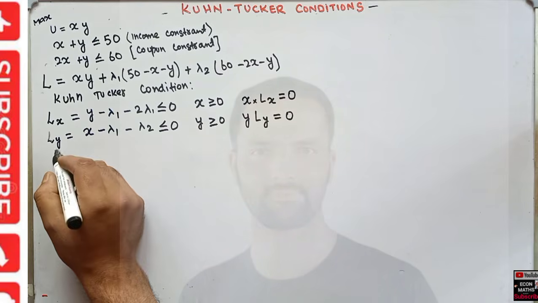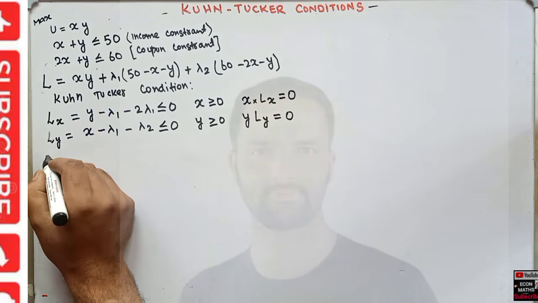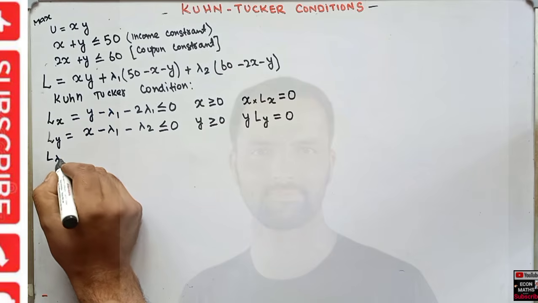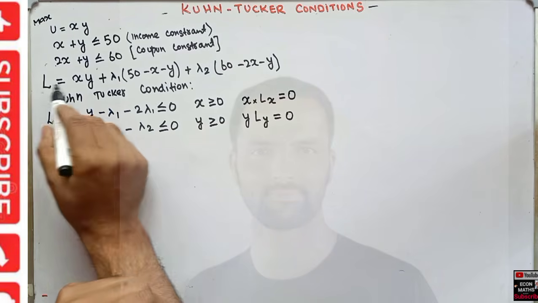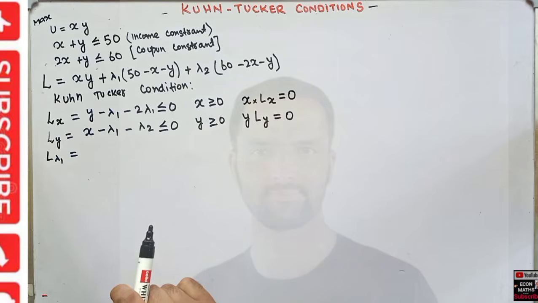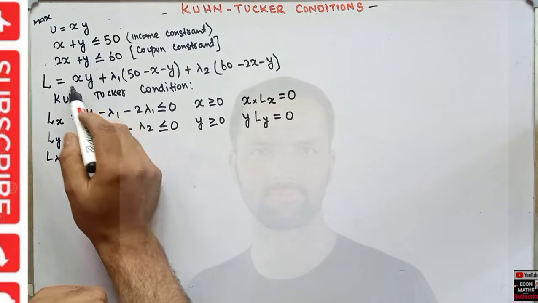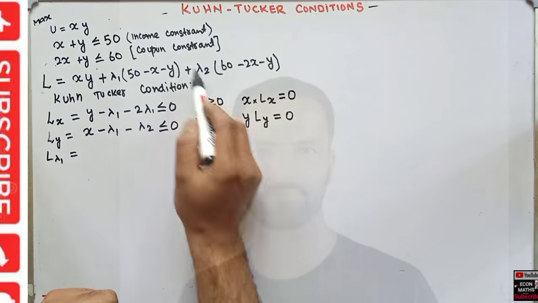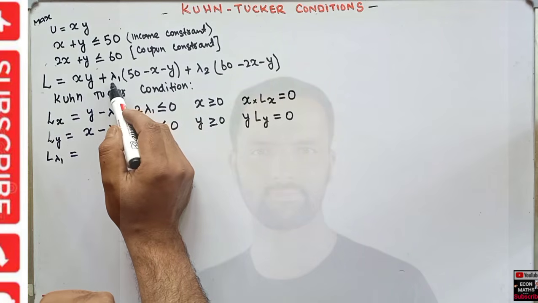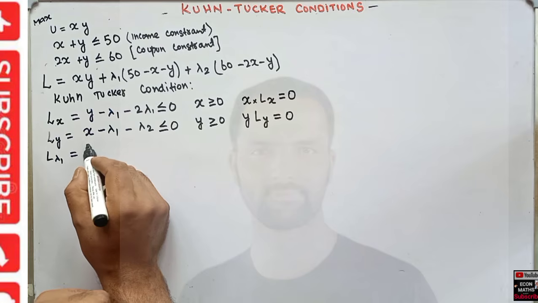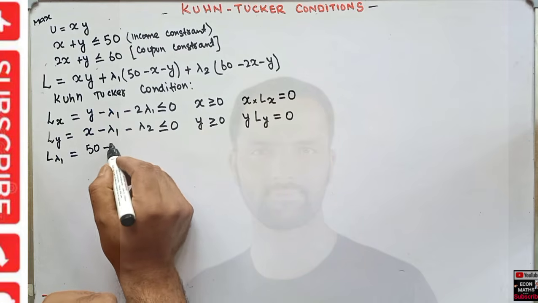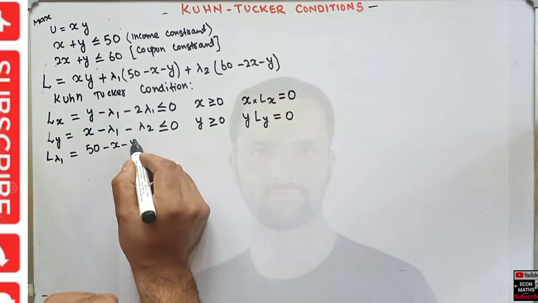Okay, similarly we have another condition, that is L lambda 1. That means partially differentiating this Lagrange's function with respect to lambda 1. What will we get here? Since no lambda 1 is involved in the first term and in the last term, we are left with the derivative of lambda 1 which is 1, so we are left with 50 minus x minus y.